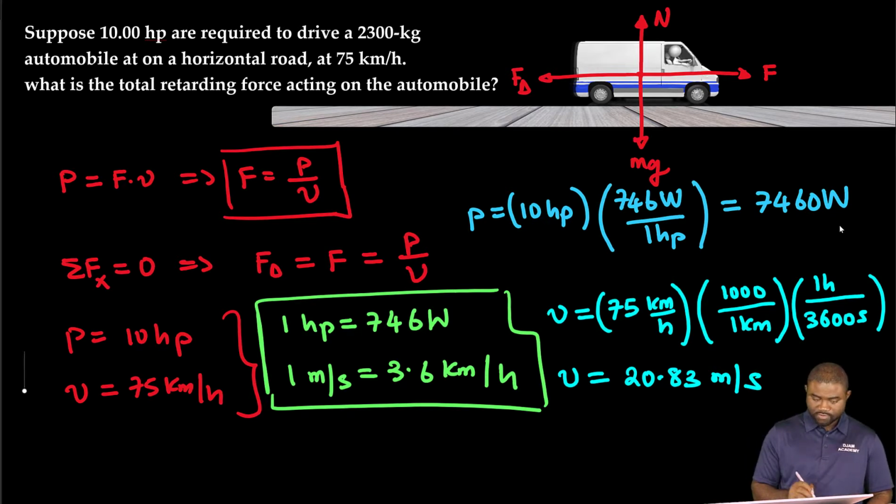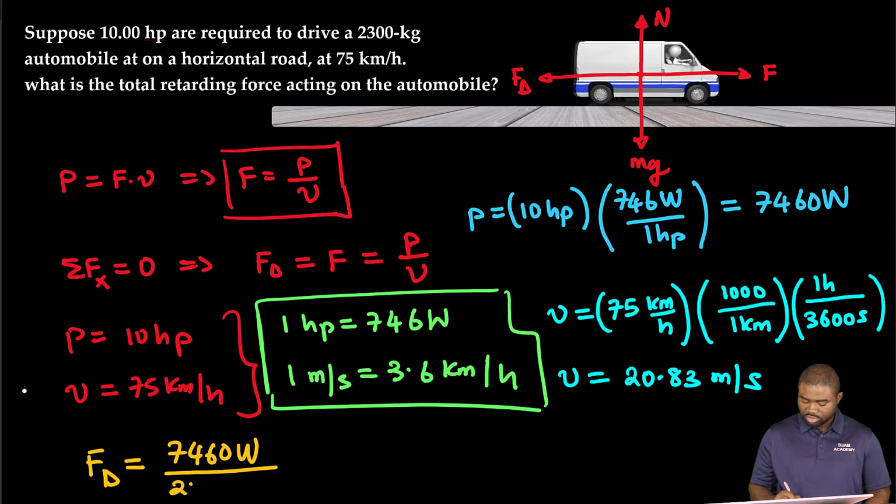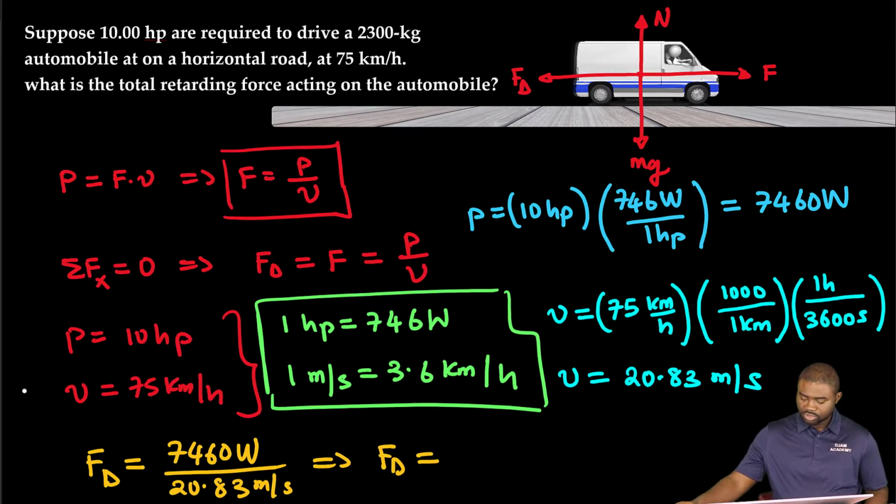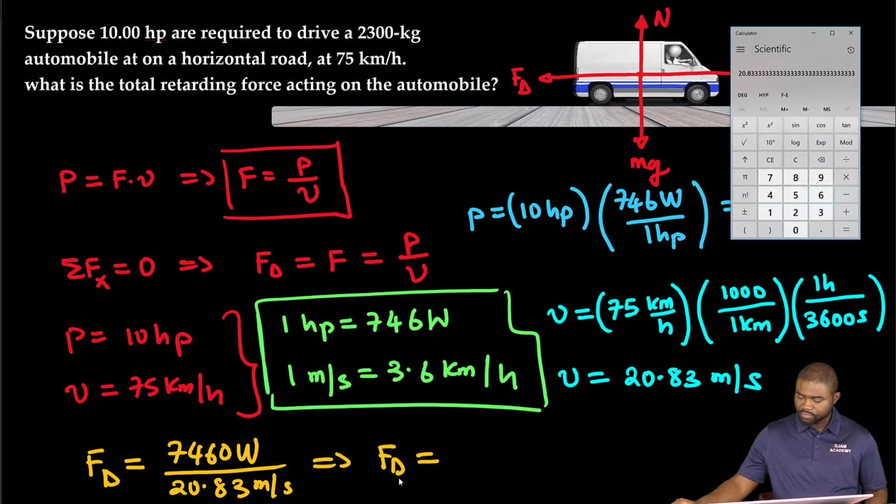Hence, the total resistive force, FD, will be equal to 7460 watts divided by 20.83 meters per second, which implies that FD is equal to, let's do the calculation again together, 7460 divided by 20.83.